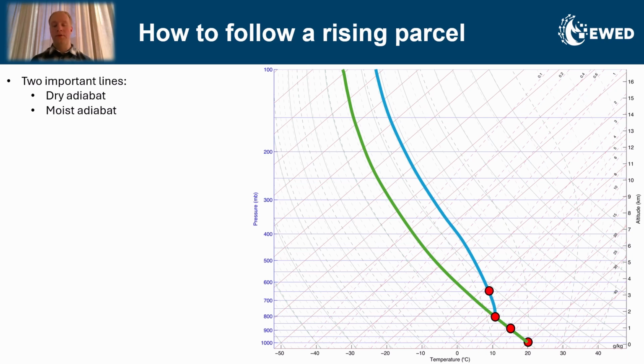Then we follow the parcel going up even further, but using the blue line. And we continue using this because as the parcel rises, it keeps on giving condensation in this case. So that's how to follow a rising parcel using a skew-T diagram and using the lines we discussed before.